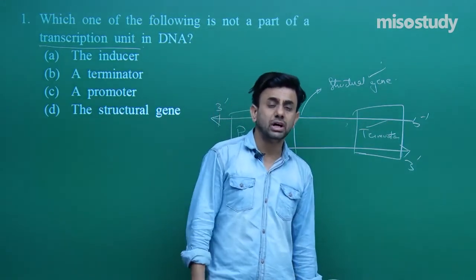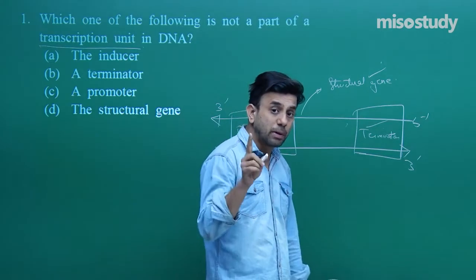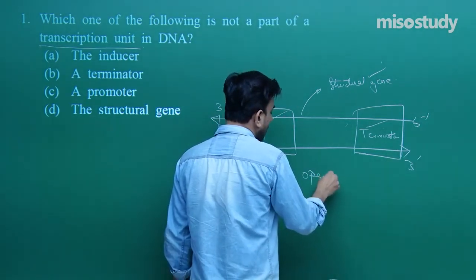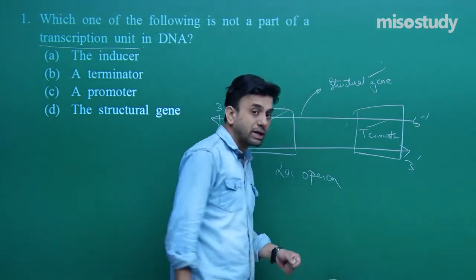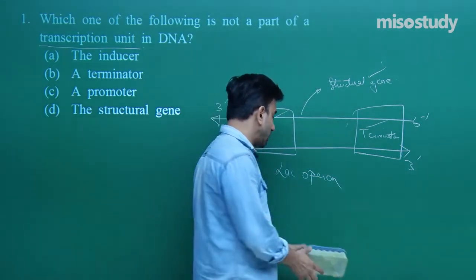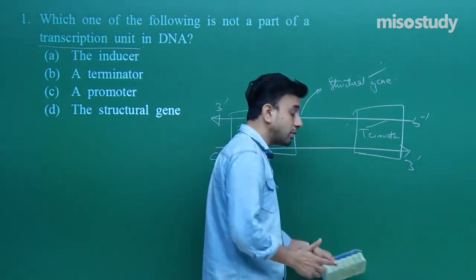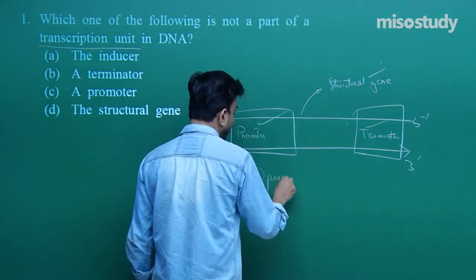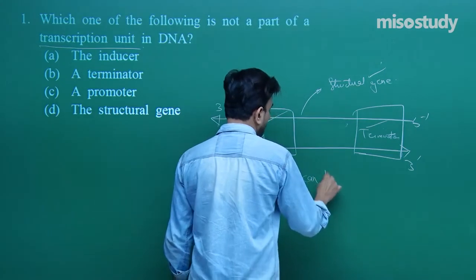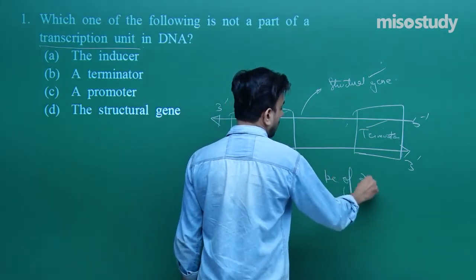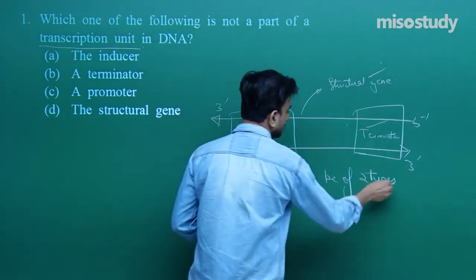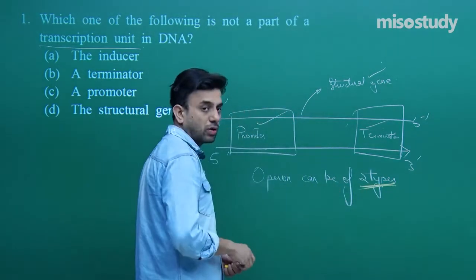So the inducer, as you remember, the lac operon, we discussed what? Before this we said that the operon can be of two types, right?